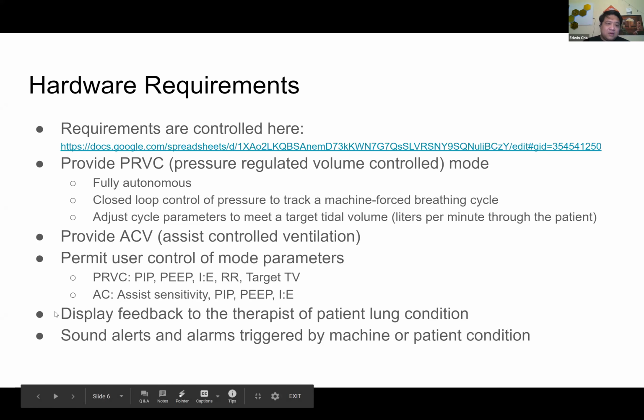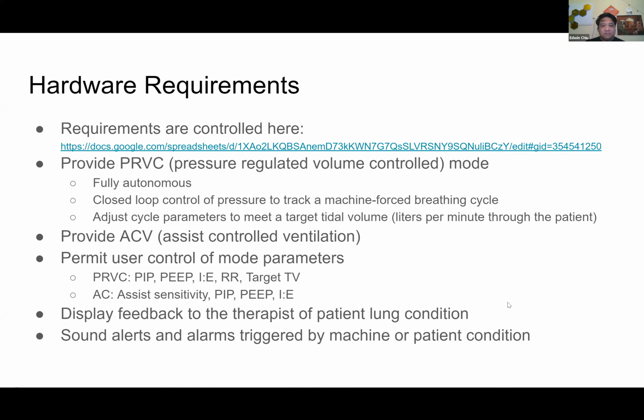And then the machine must display feedback to the therapist of the patient lung condition. In most cases, this is a time history of the pressure and volume of the patient's lungs, and from that, the doctor can assess how the patient is doing and make adjustments based on that.